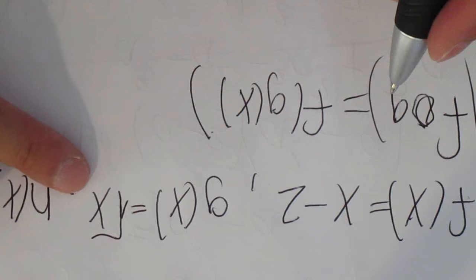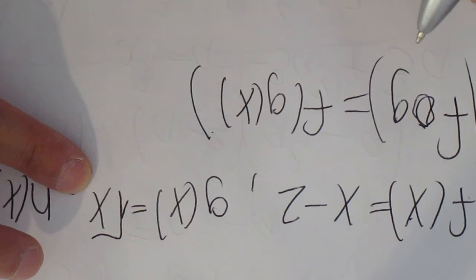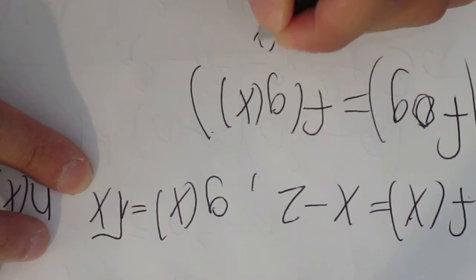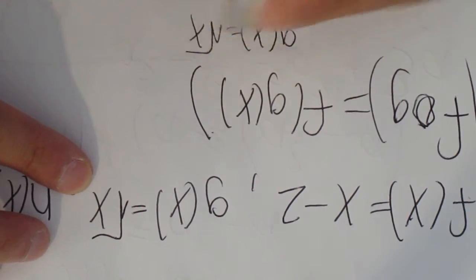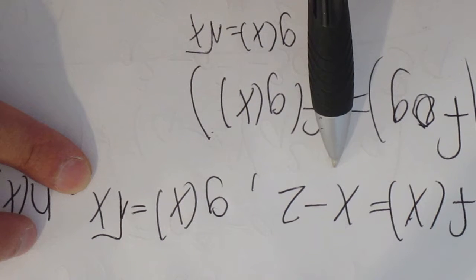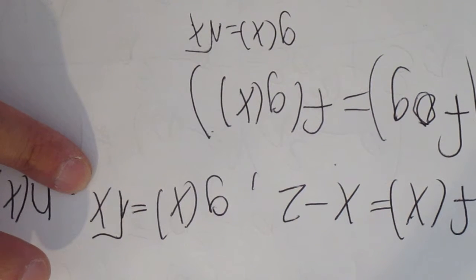So g of x, this is the square root of x, right? G of x is the square root of x. Put this into the function x minus 2, if that makes sense. I know it's hard to grasp, but you just have to mentally put it in. Fog and Goff is putting a function into another function. That's all it is.